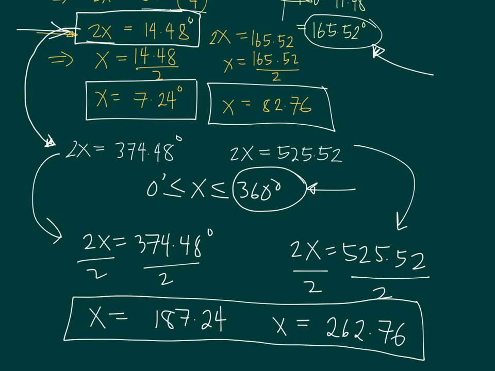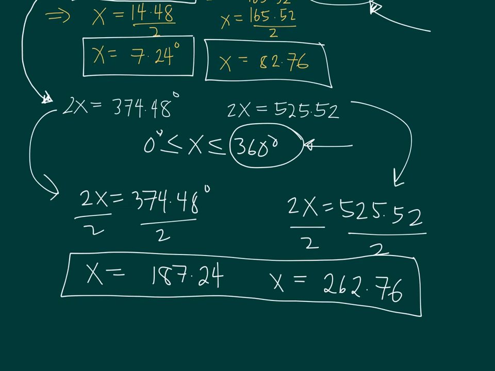And from here, we could already see that the values that we obtain are still within the limit 0 degrees to 360 degrees. Now we could check what if we do one more cycle for those values of 2x. So one more cycle of 374.48, that's another 360. 374.48 plus 360 is already 734.48.